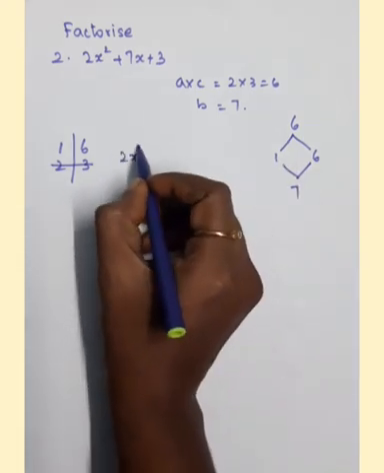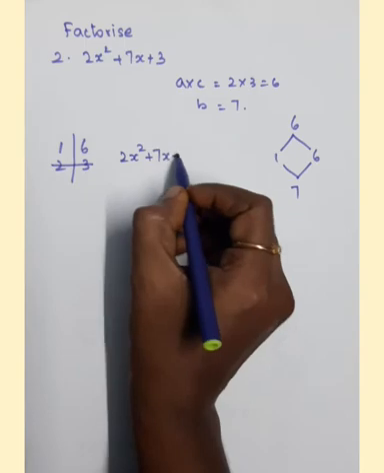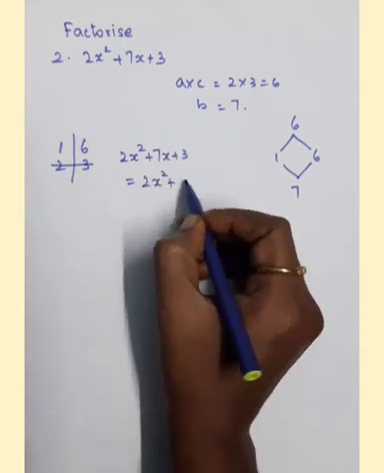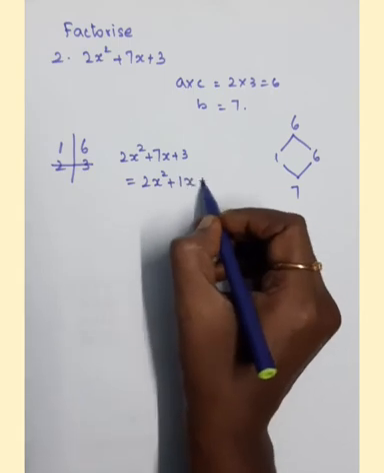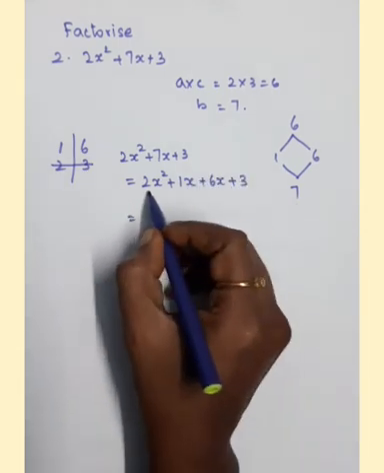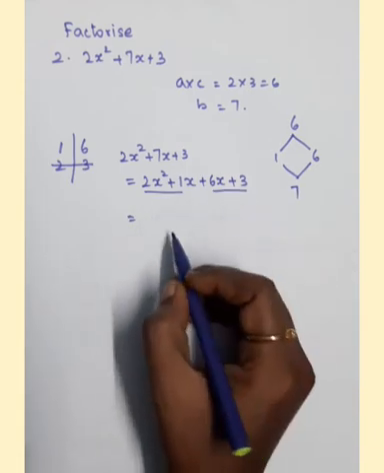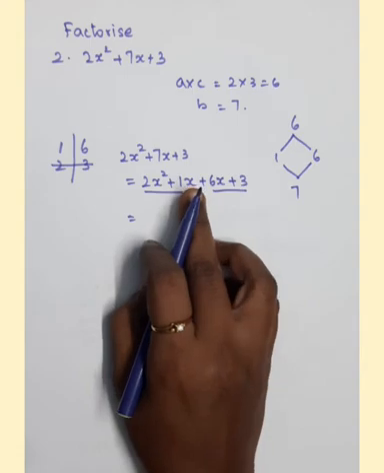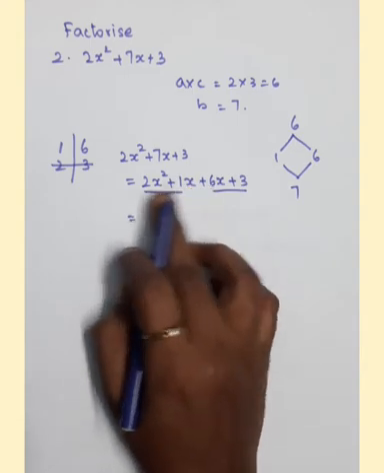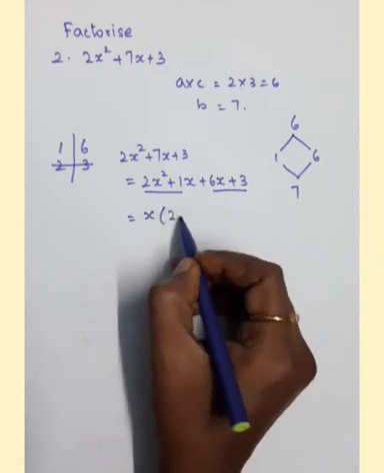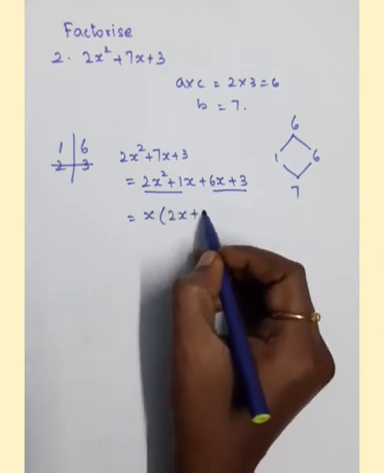So 2x squared plus 7x plus 3 can be written as 2x squared plus 1x plus 6x plus 3. So the first two terms and the last two terms, we are going to group. In this I can take x common. X is common in both the terms. So I am taking x common. I can write this as 2x plus 1.